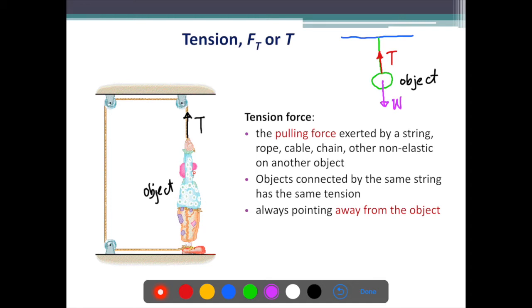Okay. Because gravitational pull is always directed downwards. So in this scenario, an object hanging on a string, if you wanted to find the forces on this object, you have a tension force that's always directed away from the object, and because the object has mass, it will have a weight force that's always directed vertically downwards.